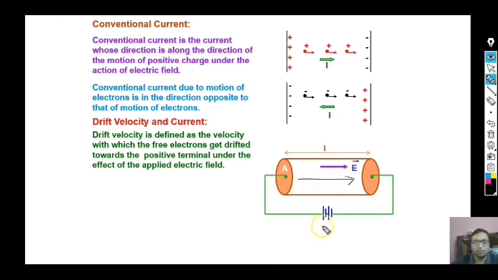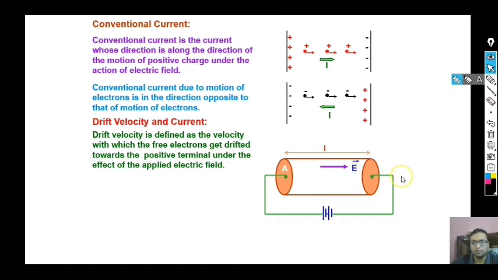Why along this line? Because suppose this battery has a potential V, then under this potential your electric field will have direction from higher potential to lower potential.